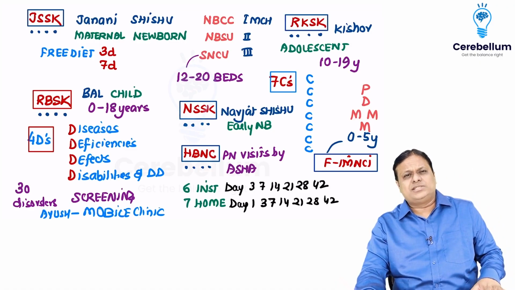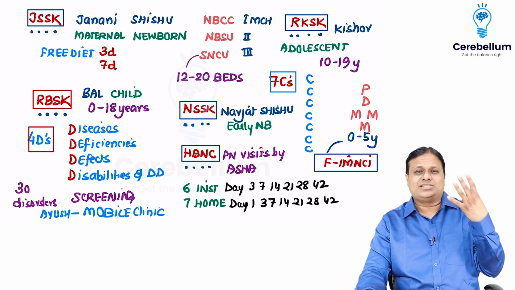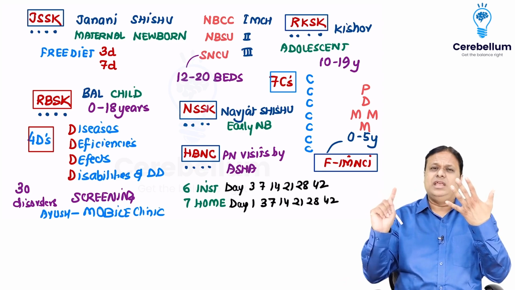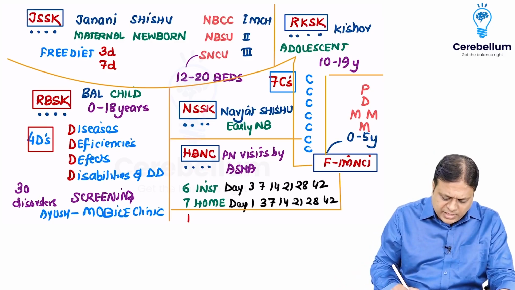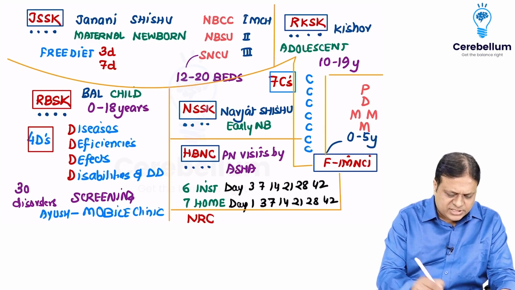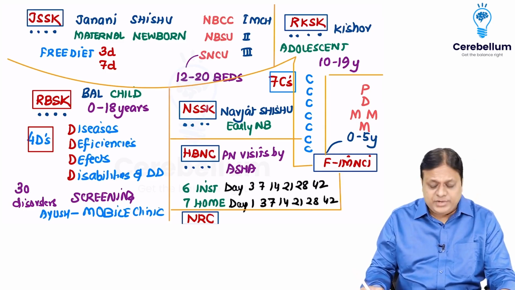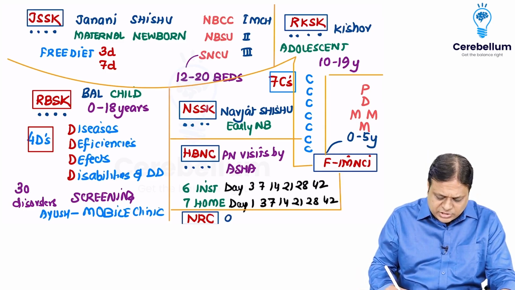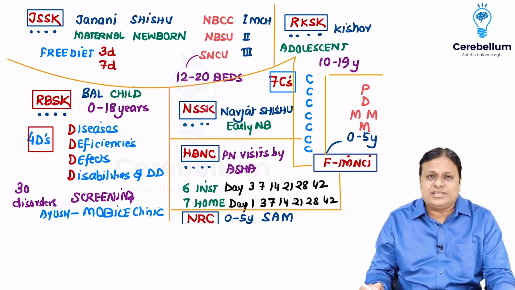It has 6 steps in sequence: assess the child, classify illness, identify treatment, treat the child, counsel the mother, and give follow-up care. Then also NRC, Nutritional Rehabilitation Center, has been established in this program, where the target beneficiary is children up to 5 years for management of severe acute malnutrition.